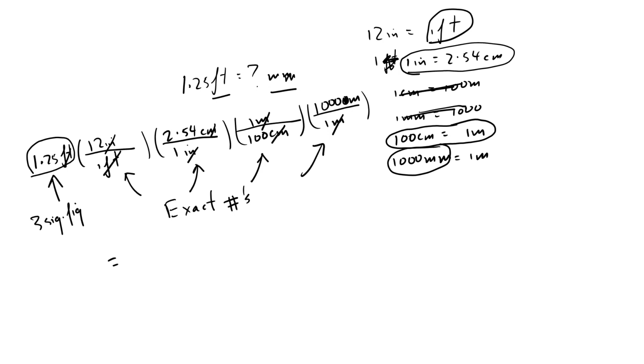And according to my calculations, this works out to be equal to 381 millimeters. I'm sorry, this should be millimeters right here, which is also expressed to 3 sig figs.